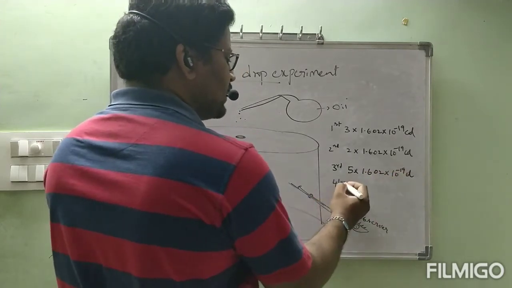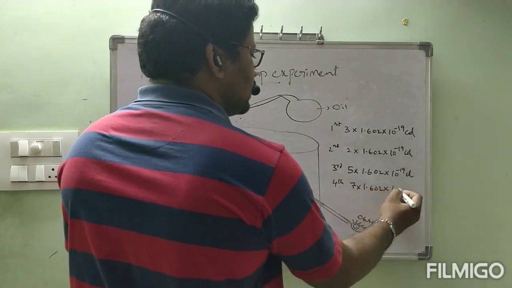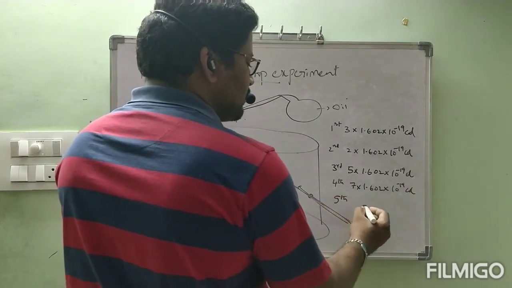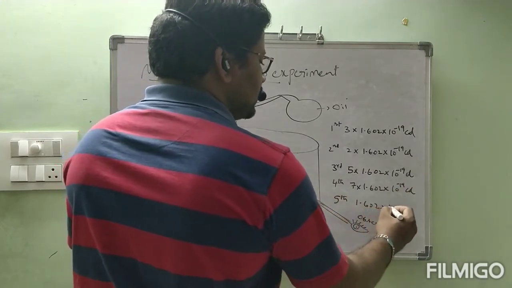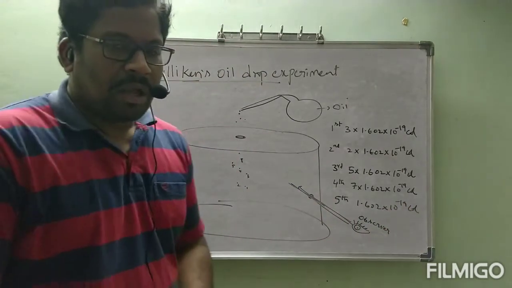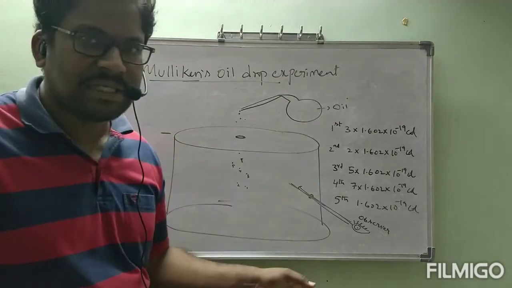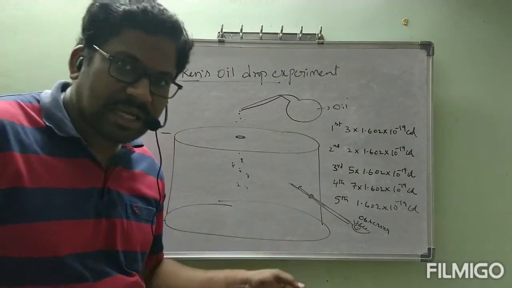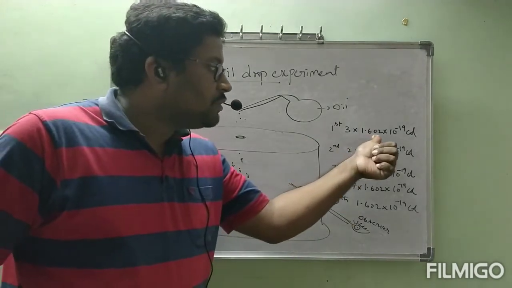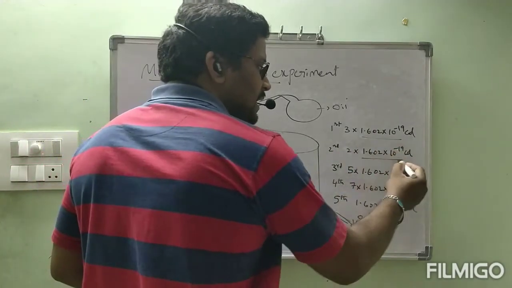The fourth by 7 into 1.602 into 10 power minus 19 coulombs. Then the fifth by 1 into 1.602 into 10 power minus 19 coulombs. Depending on their ability, oil drops are developed by different charges. But what he concluded is that in every oil drop, the 1.602 into 10 power minus 19 coulombs value is the same.